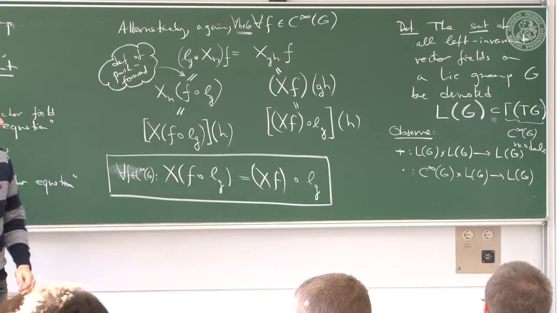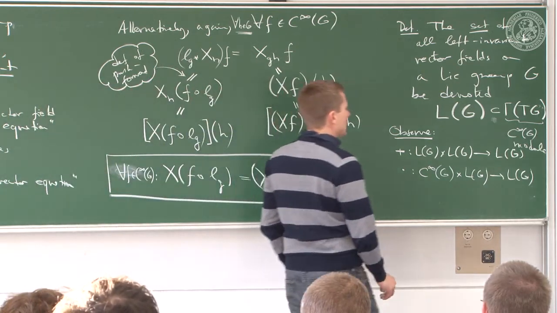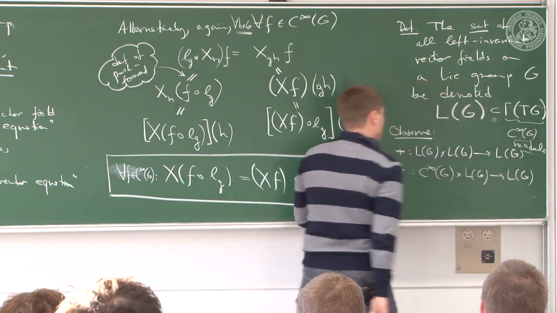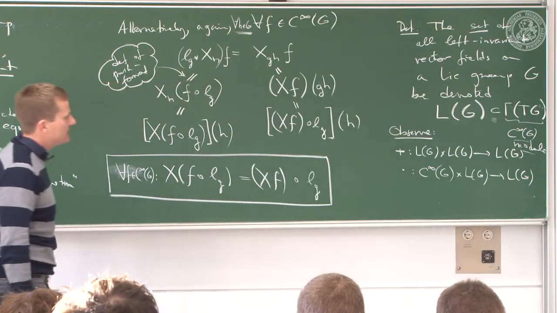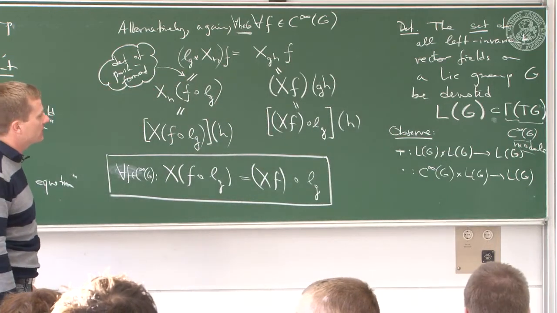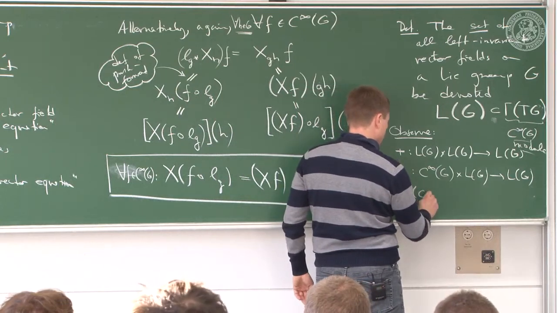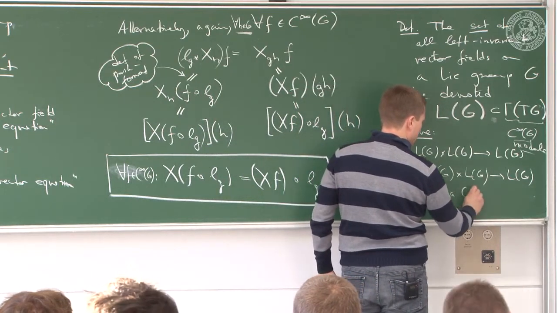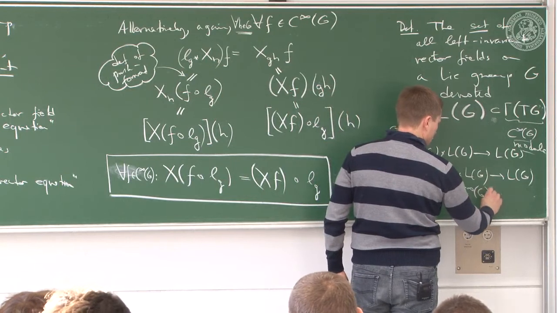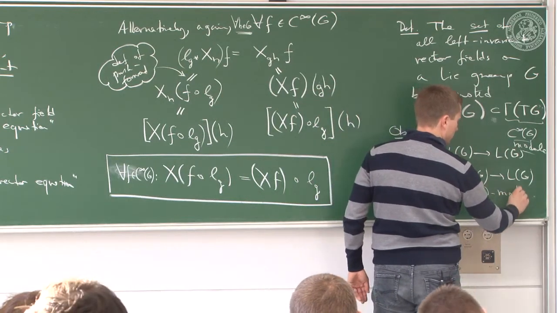Okay? So in fact, this also closes, and because the push forward is C infinity linear, the push forward of a vector field. So that means that L(G) is a C infinity G module.